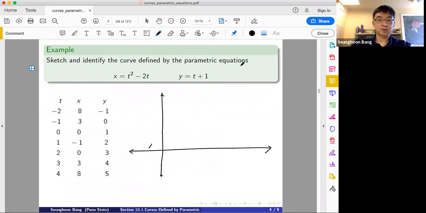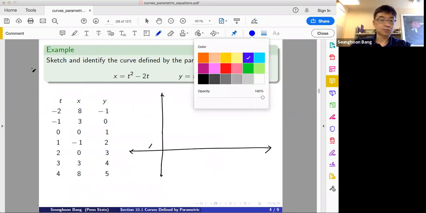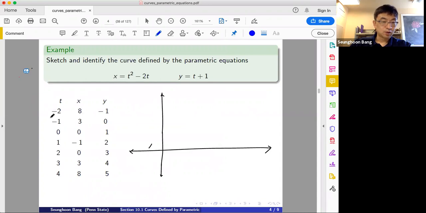You can plot points. The first one, t equals -2, is 8 and -1. The x is 8: 1, 2, 3, 4, 5, 6, 7, 8. The y value is -1. We have this point. This is t equals -2.